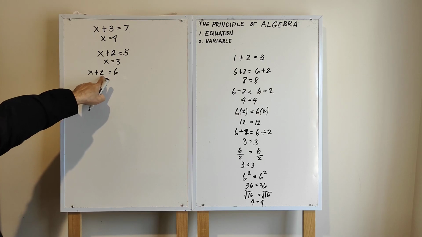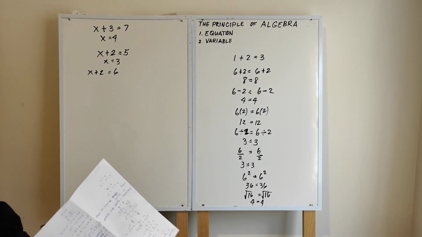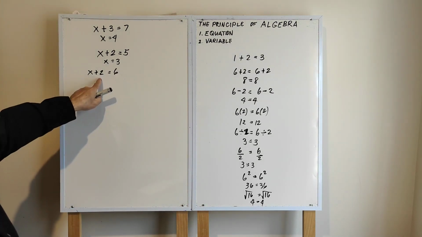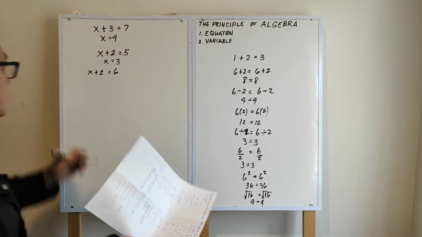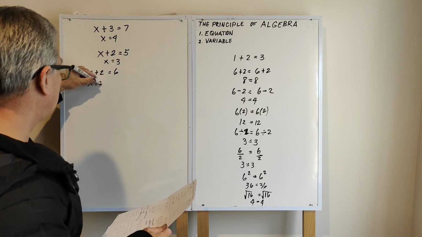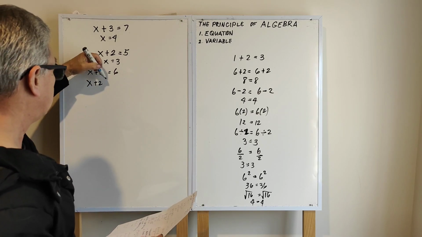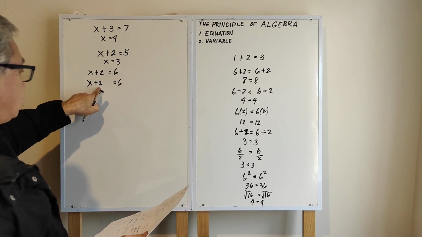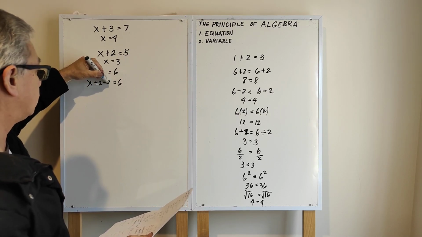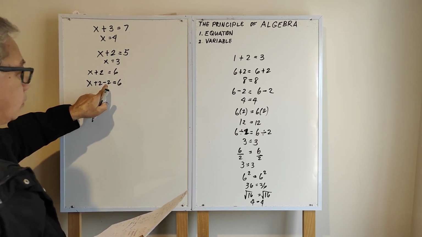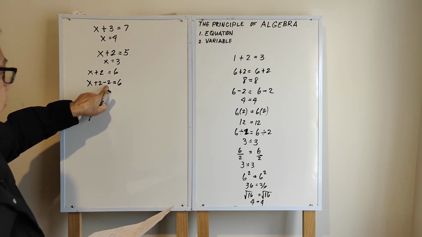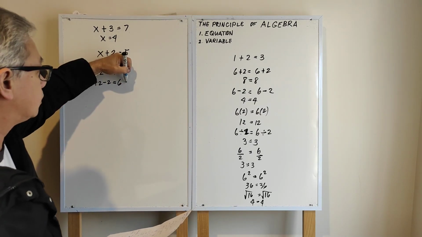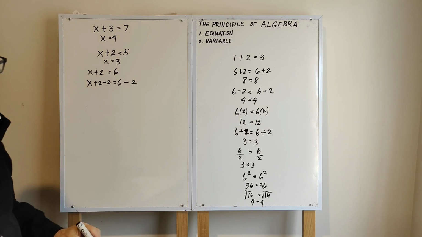There is a plus 2 in here, and you want to remove the plus 2. So, to remove the plus 2, you have to subtract it by 2. So x plus 2 is equal to 6. You have to subtract this by 2, so that will be removed.